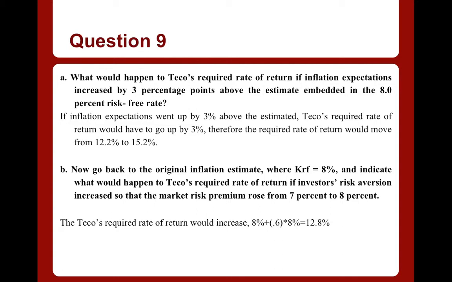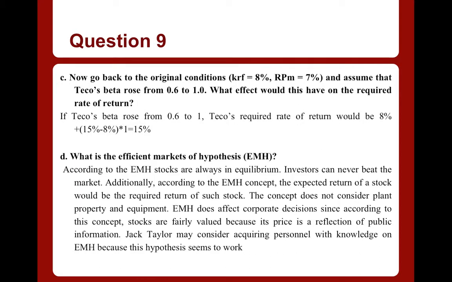For question B, TICO's required rate of return would increase to 12.8%. And if TICO's beta rose from 0.6 to 1, TICO's required rate of return would be 15%.